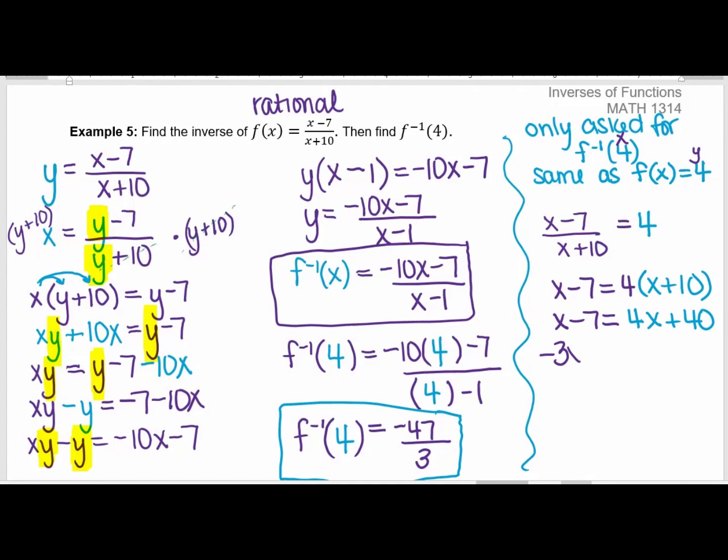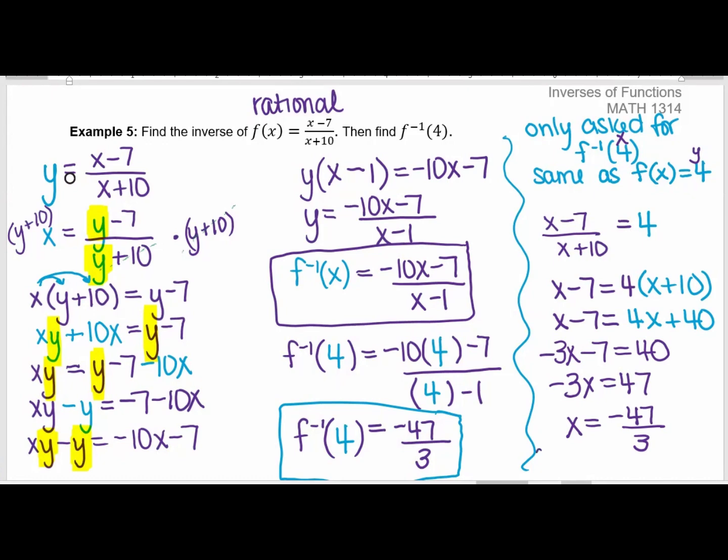We get negative 3x minus 7 equal to 40. Add the 7, we get negative 3x is equal to 47. And then when we divide, we would get negative 47 over 3.